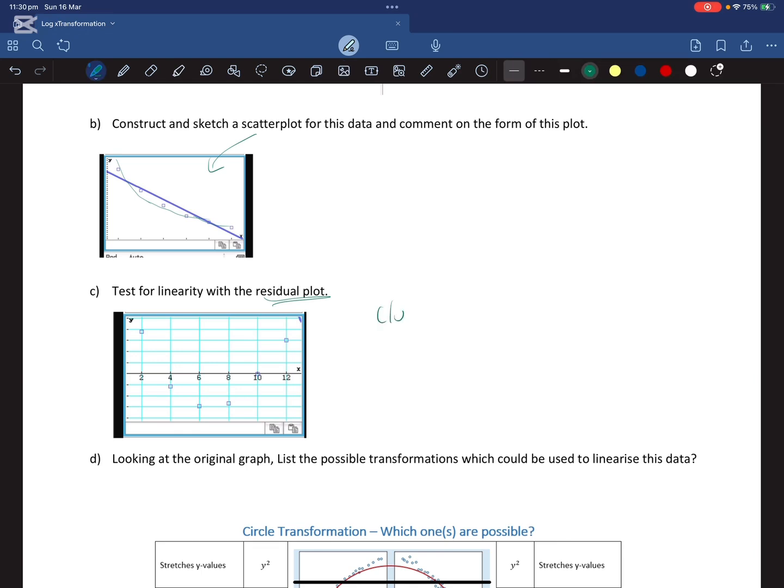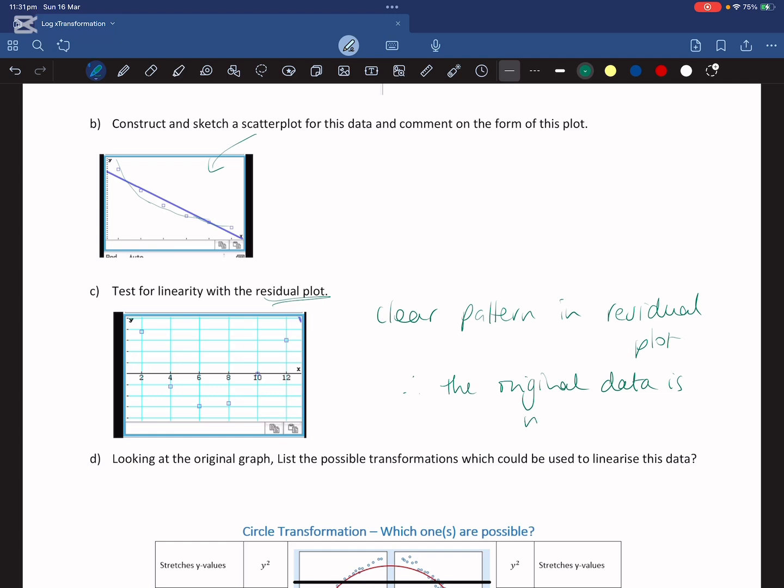So there's a clear pattern in the residual plot, therefore the original data is not linear. Okay, if the original data was linear, we would see a lack of a clear pattern, and that indicates that the least squares regression line was a good fit for that data.